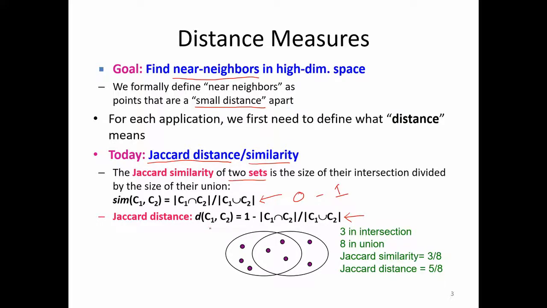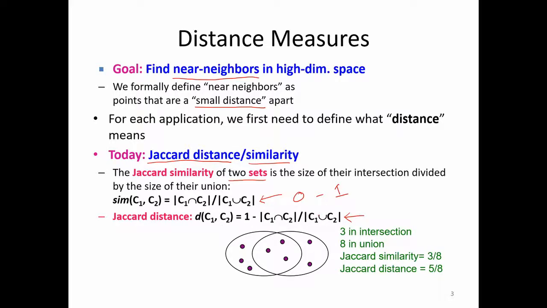Jaccard distance is like this: the more similar two sets are, the smaller the distance. So if the two sets are identical, then the distance is 0, because it's 1 minus 1.